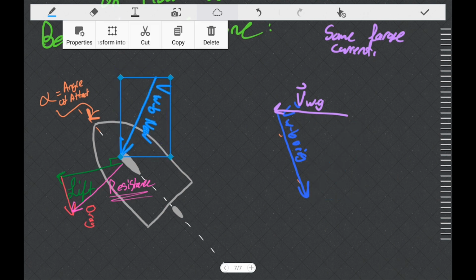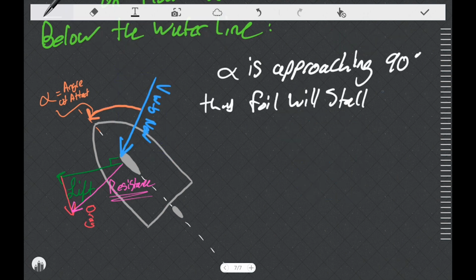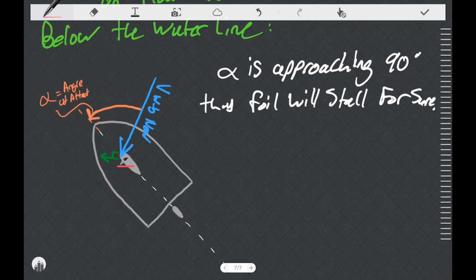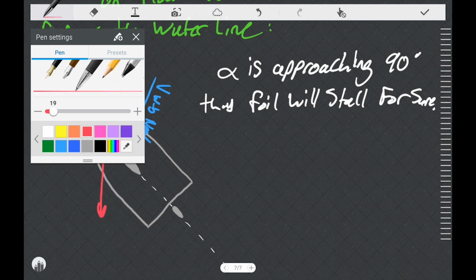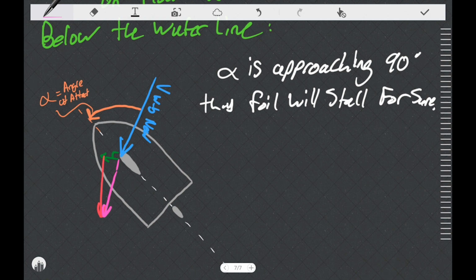This angle is so big that we would say that this foil is almost definitely going to stall. The impact that that's going to have on the boat is that the lift vector that the foil generates is going to become very small, and the drag vector that the foil generates is going to become quite big.